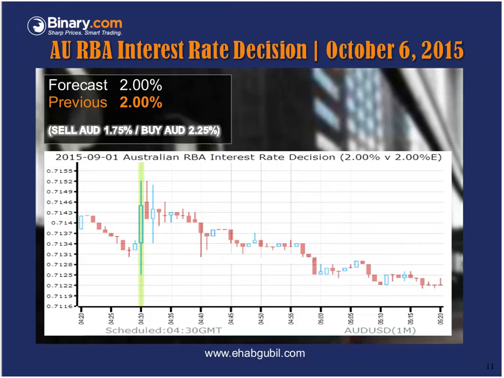How to trade this news? Our trade plan will be if RBA decides to cut interest rate by 25 basis points, we will sell the Australian dollar. If RBA decides to keep high rates back to 2.25%, we will buy Australian dollar as market is expecting an unchanged number.